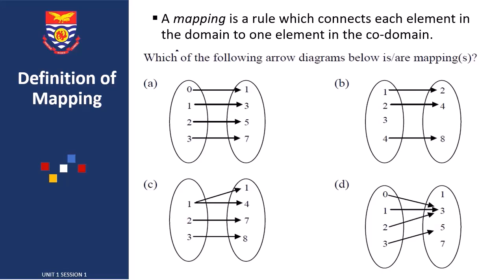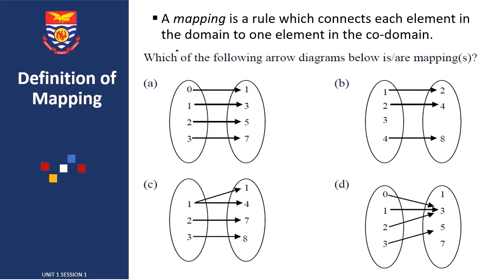Greater Accra was Accra, and the rule was regions and their capitals. Let's see if the four arrow diagrams there are mappings or not, because a mapping is a rule which connects each element in the domain to one element in the codomain.